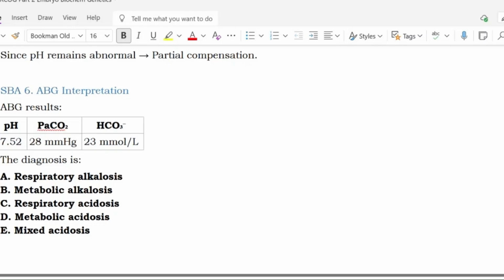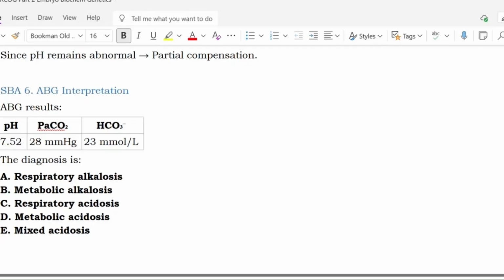Next: pH is 7.52, PaCO2 is 28, and HCO3 is 23. So pH is increased, this is alkalosis. PaCO2 normal is 40 millimeters of mercury, so 28 is decreased. HCO3 of 23 is normal, almost normal.